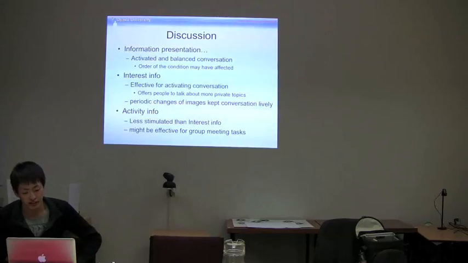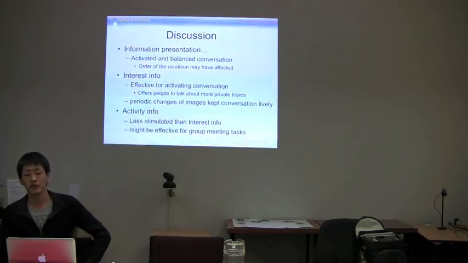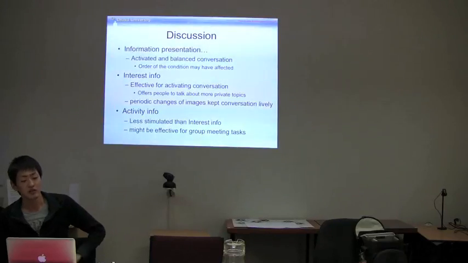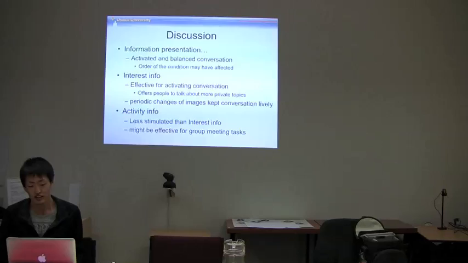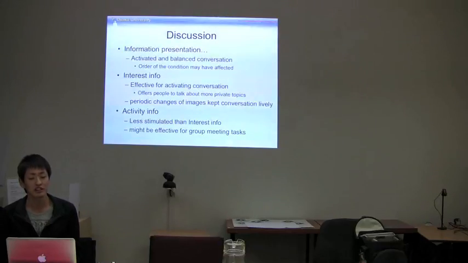From the results of the experiment, we found that our information presentation succeeded in activating and balancing conversation. However, further study is required to precisely measure how much the conversation was activated by the information because of the fixed order of the condition.